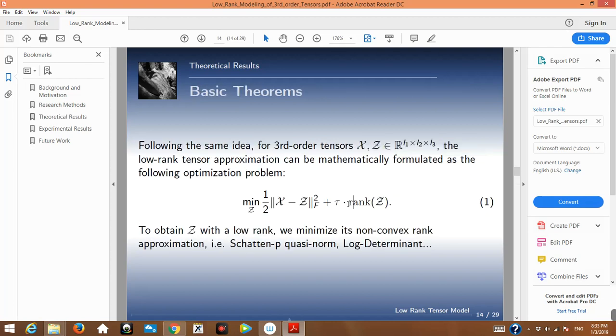In our research, it is well known that the rank of a tensor is NP hard to compute. So we can use some functions to approximate the rank of Z. In our research, we use non-convex rank approximation, for example, Schatten-p quasi-norm and log determinant.